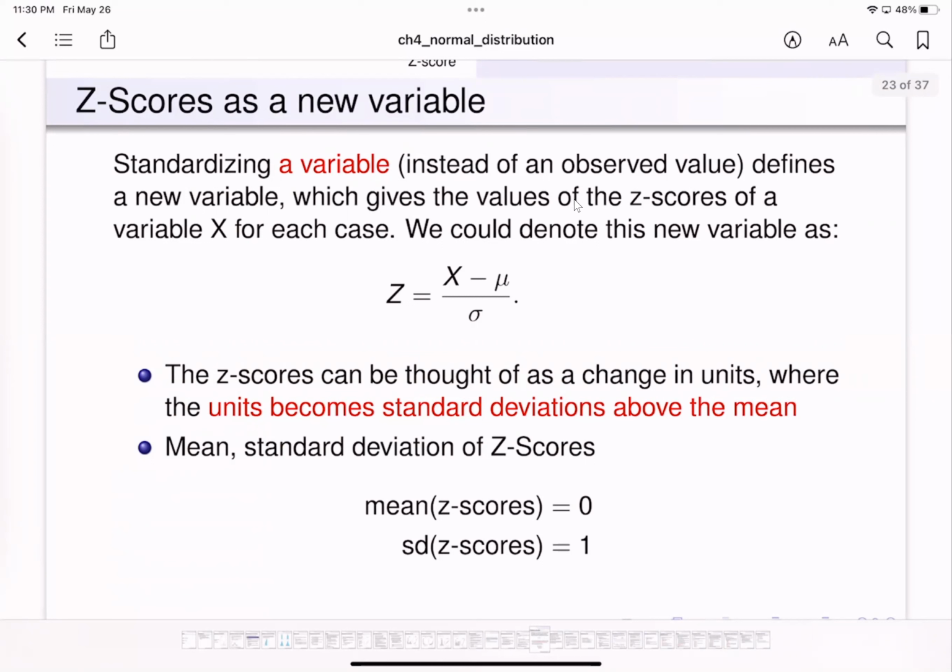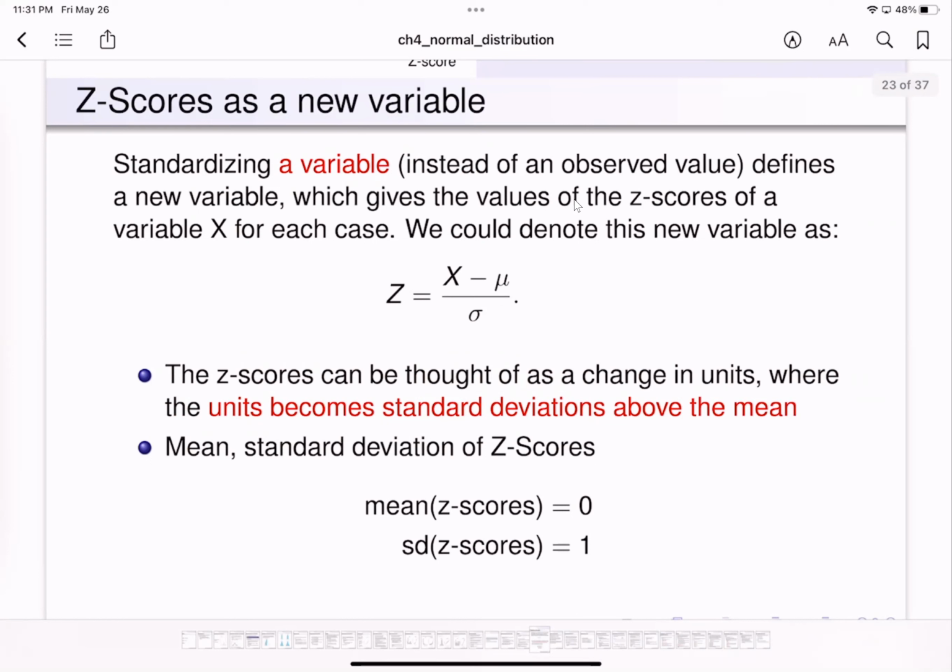The z-score here can be thought of basically as a change in the unit. What is computed afterward becomes how many standard deviations above the mean.